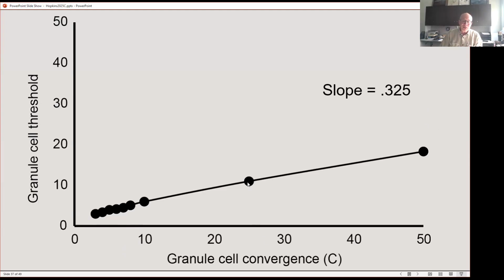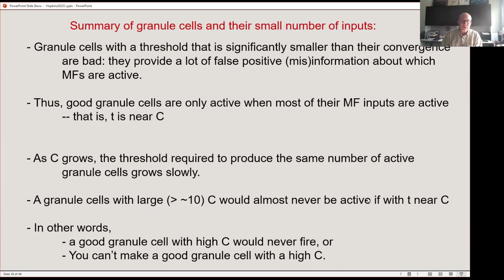So if you have a granule cell with convergence 25 or 50, a sensible threshold is going to be 11 or 14 or 15. You can't build granule cells with high convergences and have their threshold near the convergence.